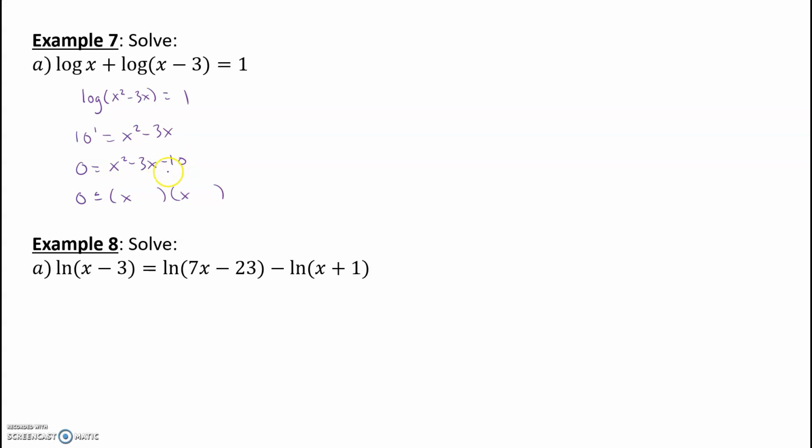What multiplies to negative 10, and adds to negative 3? Negative 5 and positive 2. So my answers are x equals 5 and x equals negative 2. Again, you want to check your answers. So let's do log 5 plus log 5 minus 3 is 2. Multiply, so we got log of 10 equals 1, which is true. So that is an answer.